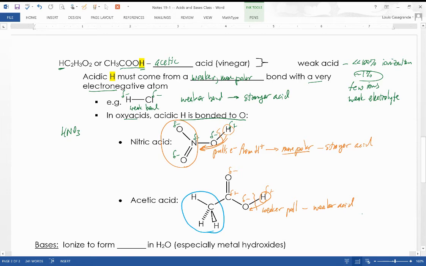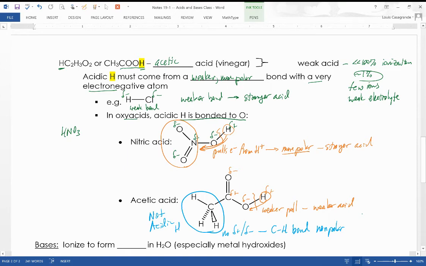If you remember way back in our polarity lab, we started drawing delta pluses and delta minuses on these structures. And remember, there's no delta plus or delta minus because the carbon-hydrogen bond is non-polar. So these hydrogens are not acidic hydrogens.